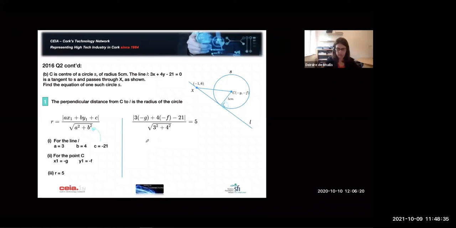When we work that down, this ends up at the square root of 25, and the square root of 25 is 5, so that's where I'm getting this 5 when I bring it over to that side of the equation. When I tidy up, I get the modulus of -3g - 4f - 21.